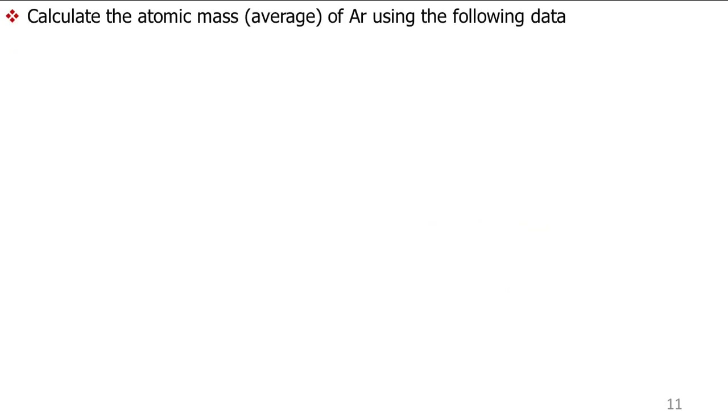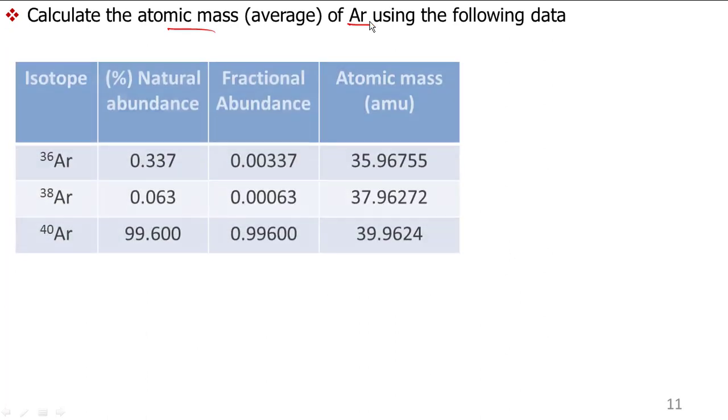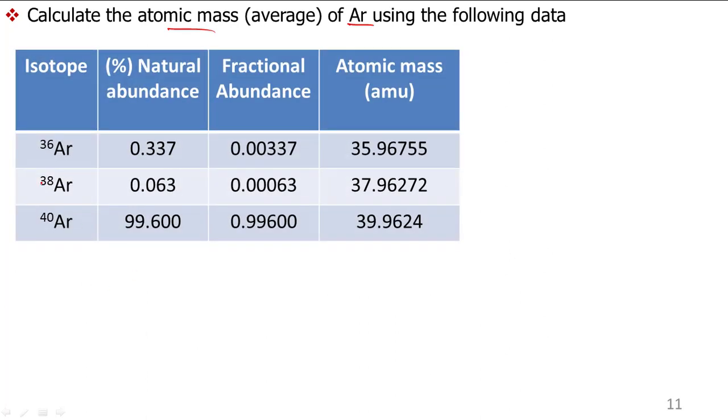Similarly, we can calculate the average atomic mass of argon from the following data. The data will be similar. Argon has three isotopes, argon-36, 38 and 40. Their atomic masses are these and their fractional abundances are this. So let us directly calculate the average atomic mass of argon.